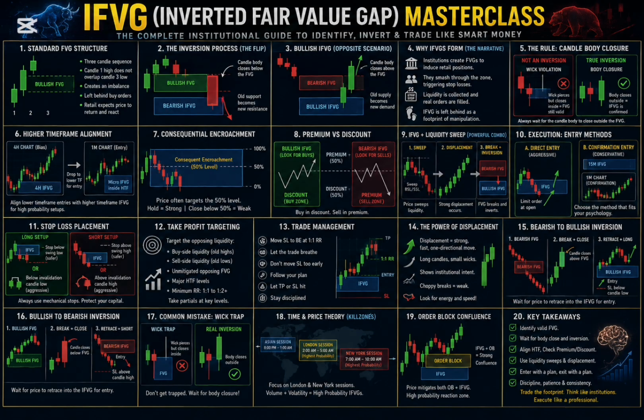You never guess where to take profit. You let the market's liquidity map it for you. The most logical target for any inverse fair value gap trade is the opposing pool of market liquidity. If you are in a long trade, your primary target will be the nearest buy side liquidity.